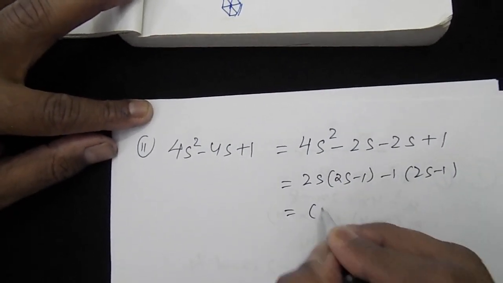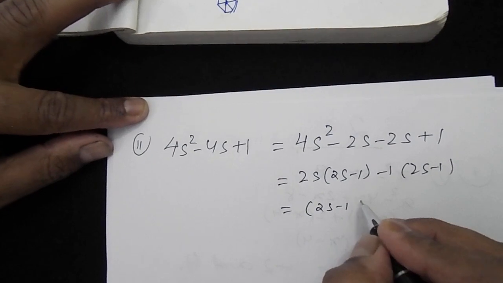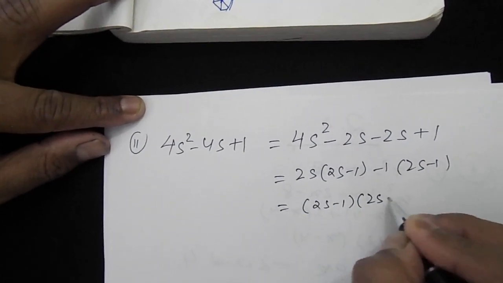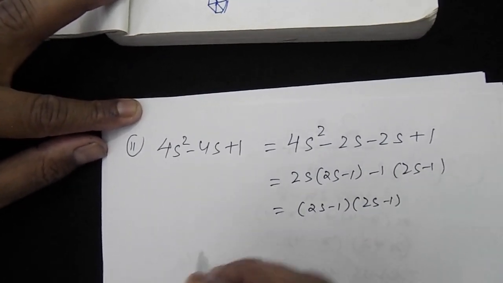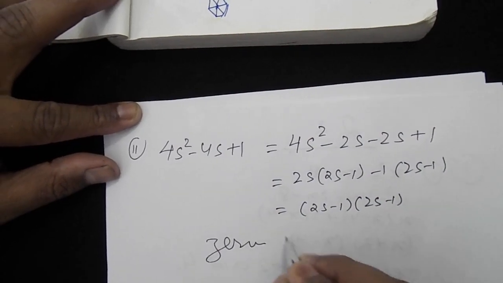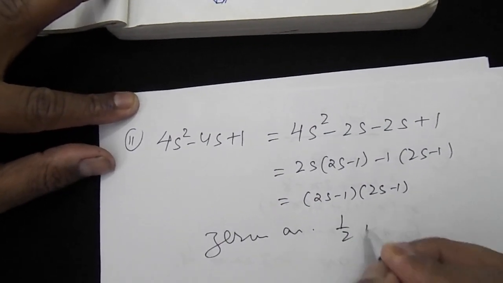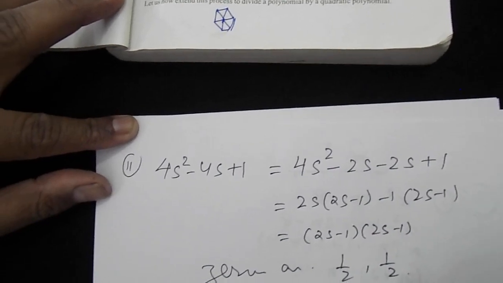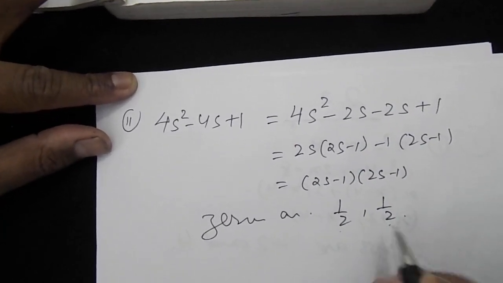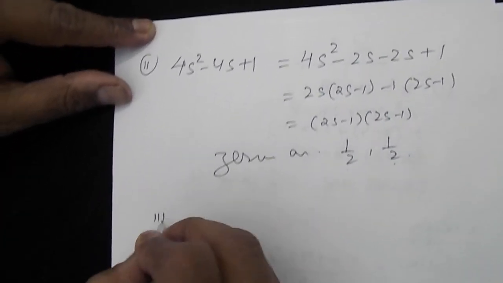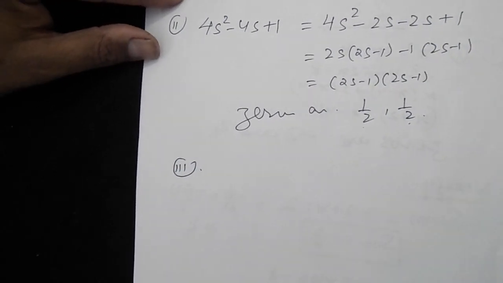So students, we get 2s minus 1 or 2s minus 1 whole square. So the zeros are 1 by 2 and 1 by 2. Zeros are half and half. Now you can verify in the similar pattern as we have done the previous one.